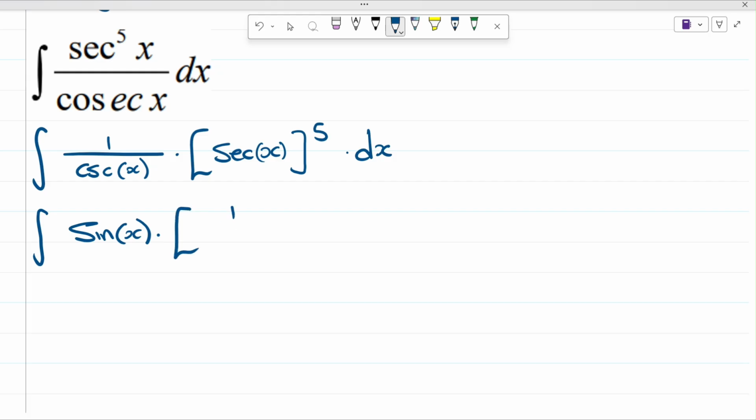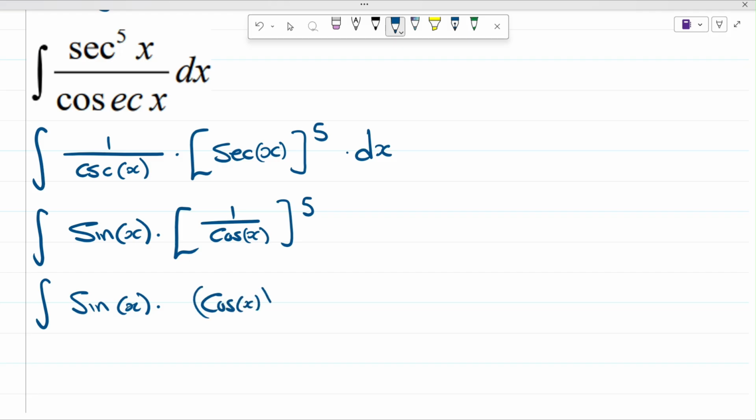So inside here, I'm going to have 1 over cos of x to the power of 5. And then I rewrite this nicely again. I'm going to say sine of x multiplied by cos of x to the power -1 all to the power of 5. And then, yeah, I forgot the dx.